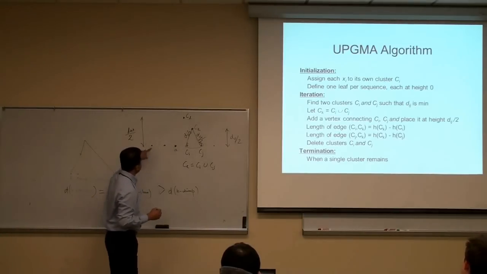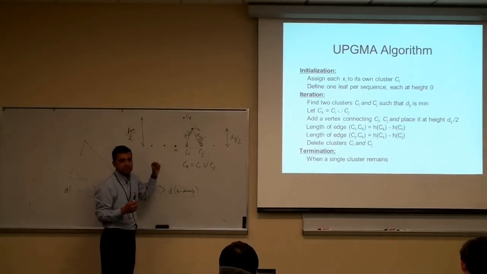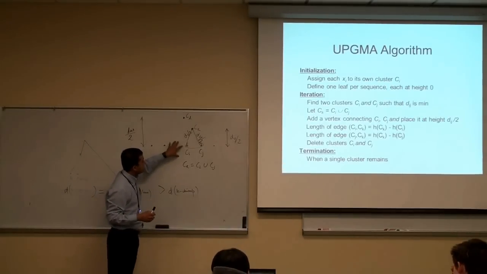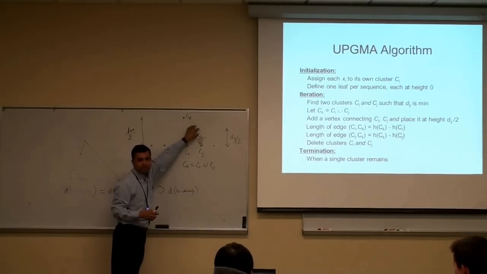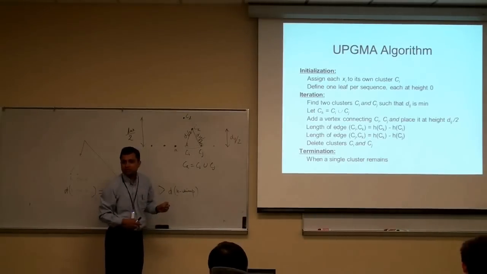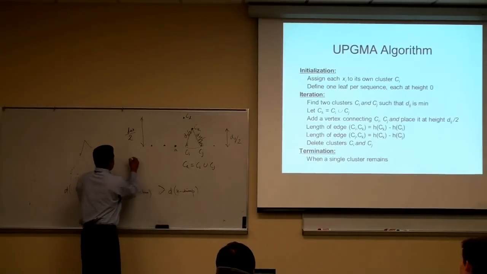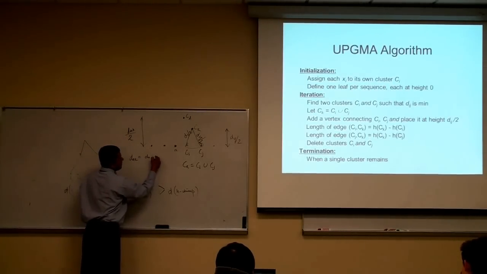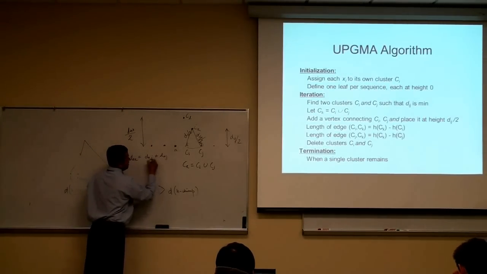What's DAK? DAK is defined as the average pairwise distance between a point here and a point here. Well, the points in this are these 2 points. So DAK is going to be DAI plus DAJ by 2.